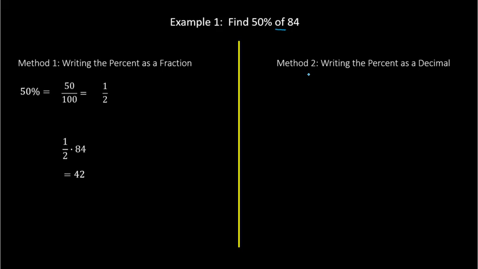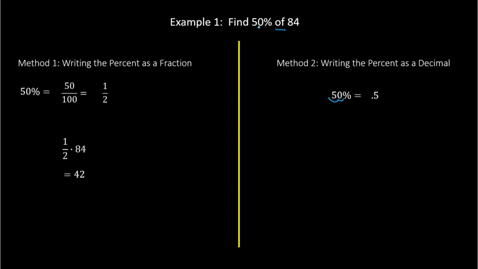Now using method 2, we can get the same answer, but in this case, we would take this percent and write it as a decimal. So what is 50% as a decimal? Well, to convert to a decimal, we move our decimal point 2 places to the left, 1, 2, to get 0.50, or 0.5.